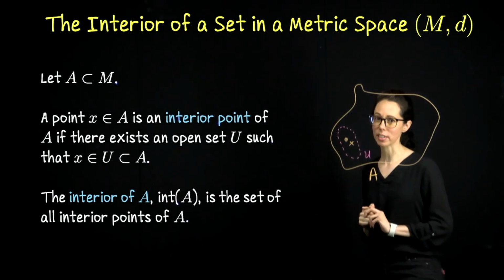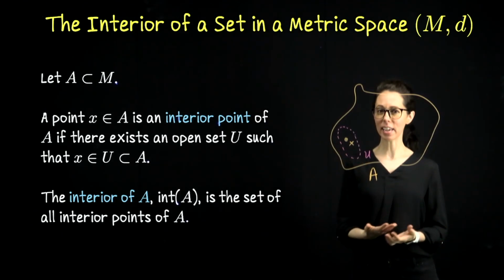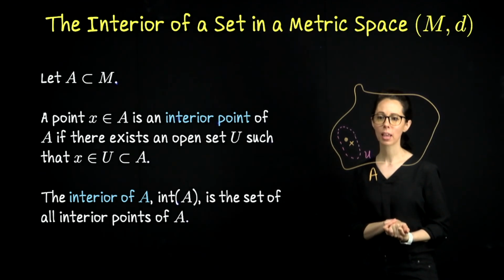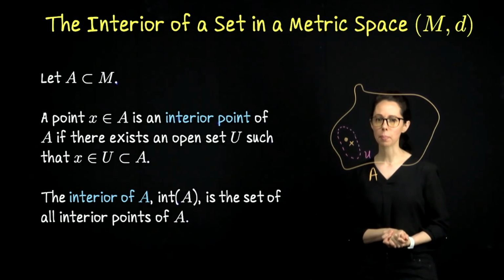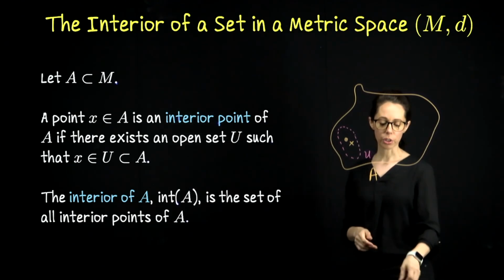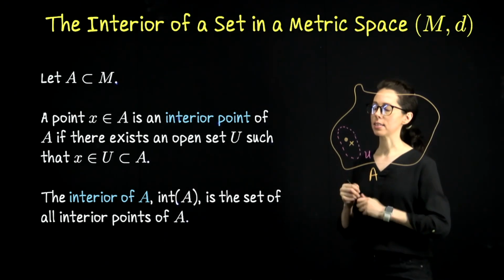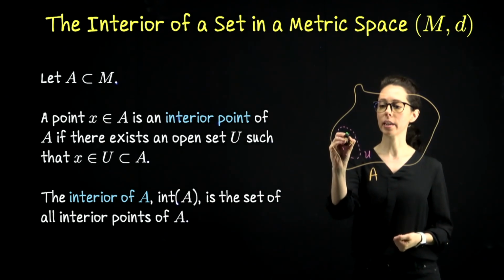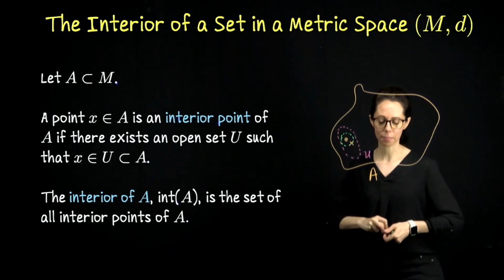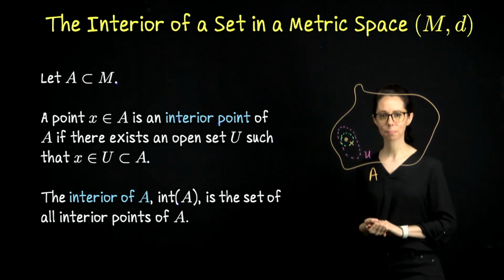That was on purpose just to emphasize that U here is just any open neighborhood of X, which is contained inside of the larger set A. It doesn't have to have the form of an epsilon neighborhood, but it's often helpful to give it that form. So you could equivalently rephrase this definition to say that there is an epsilon neighborhood around X contained in A. That definition would also work. We just won't require it.